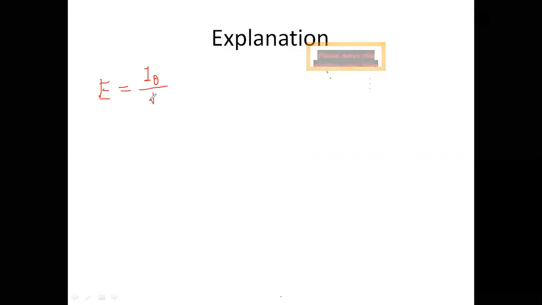We can write that E is proportional to I theta, the intensity, divided by d square, multiplied by cos theta.